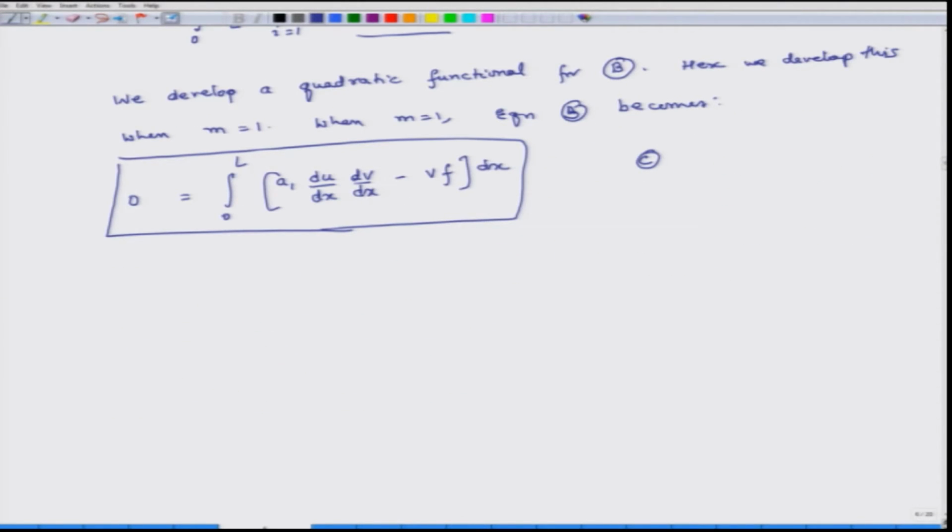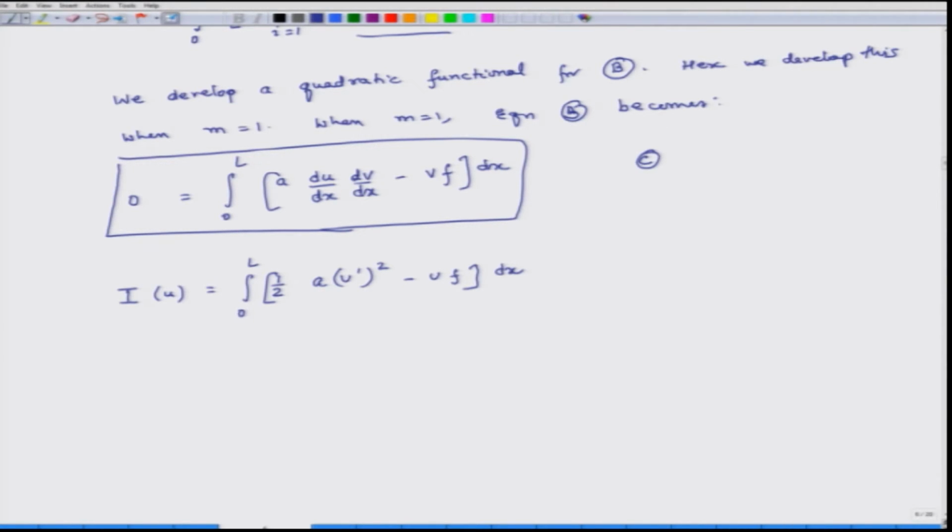Now I will first write an expression, and then we will see that that expression is indeed related to equation C. So I will write this expression, and this is a quadratic functional I, a functional of u, which is nothing but the integral from 0 to L of half, for the sake of simplicity I will remove this subscript 1, a u prime whole square minus u f dx.